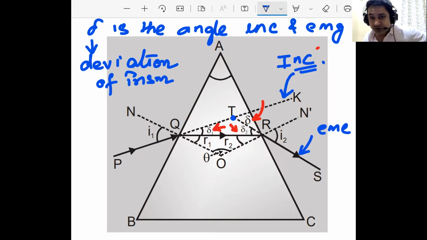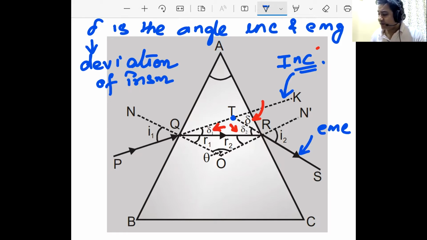I am giving you so much time so that you can understand each and every term in Prism, because each and every term is one question and you will definitely get one question from this topic. So this is +4 for you. We'll spend more time here in the next class.